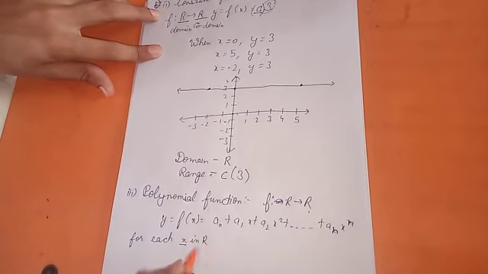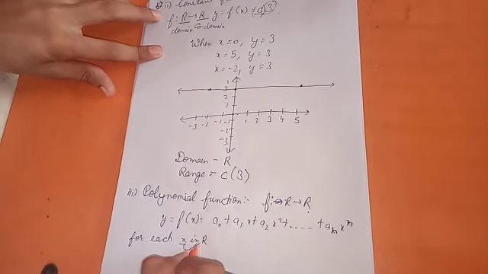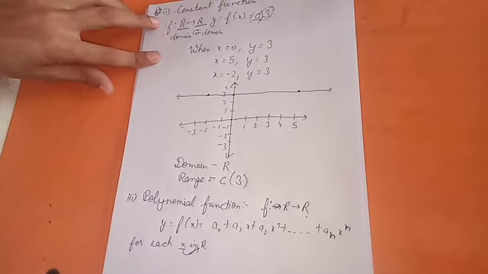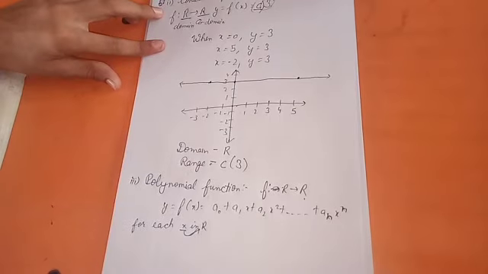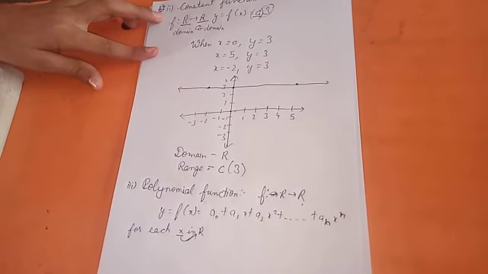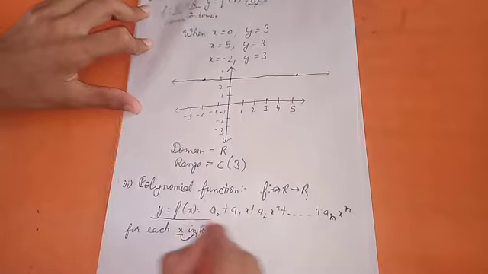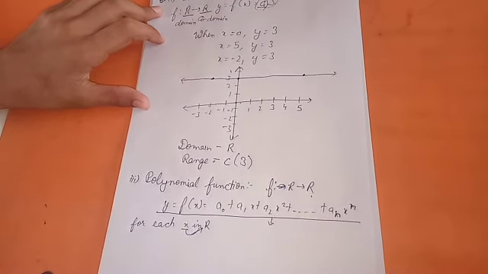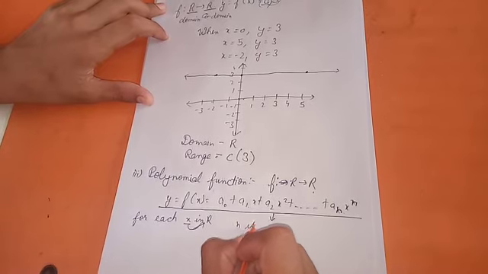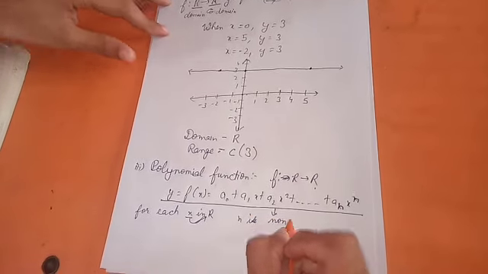for means for every value of x that belongs to our R, means real number. So that means value of x will be R. Our y is this. Here two things are there. First is n is non-negative.